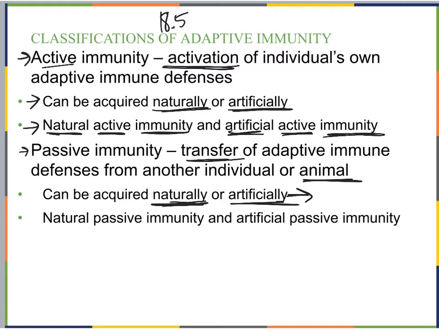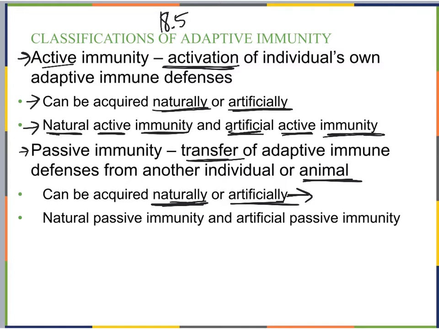Or it can be acquired naturally. Naturally would be what we've been speaking about previously as far as passing on antibodies from the mother to the child. That's an example of passive immunity that is naturally acquired. If the child is nursing, let's say, or still in the womb, and we're passing along those antibodies, that child itself is not fighting off the infection.